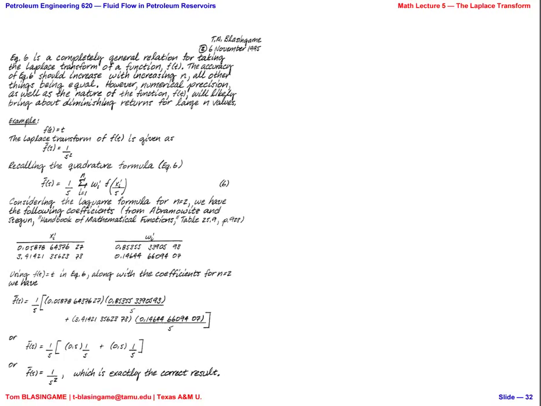Of the weighted factor, x1 y1 plus x2 y2, sorry about that. And you get these values from any handbook. In this case, it's Abramowitz. You end up with this sum being equal to 1.